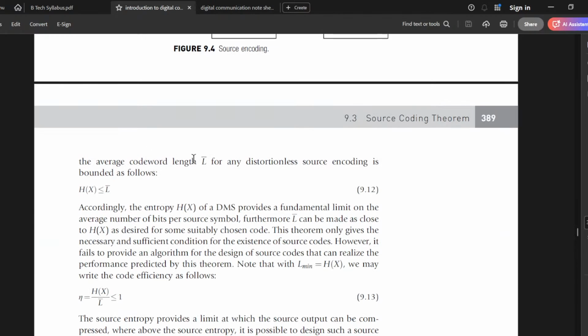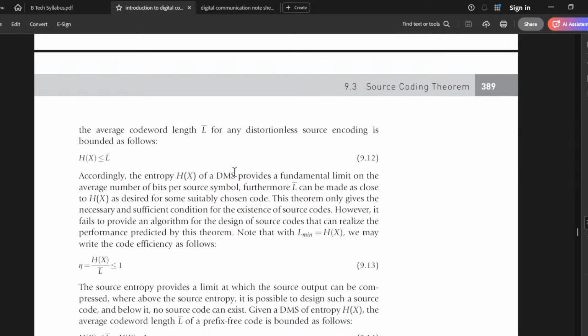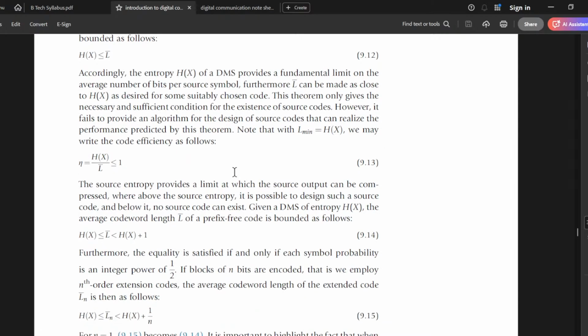This is the theorem. The average coded length L of any distortionless source coding is bounded: the entropy Hx should be less than or equal to L. Accordingly, the entropy Hx of a DMS provides a fundamental limit to the average number of bits per symbol.